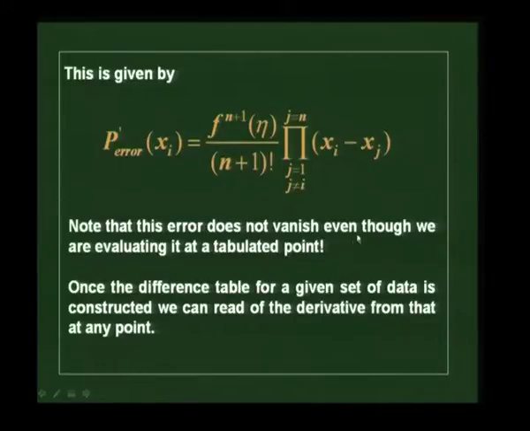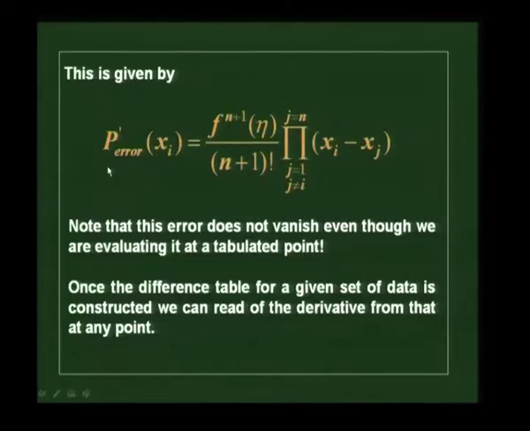Now, this form is strictly valid only when the error is evaluated at one of the tabulated points. If you want to evaluate the error at a non tabulated point, then we have one more term, which is this term multiplied by the derivative of this function, which we said is difficult or impossible to evaluate, because we do not know what the functional form of this is.